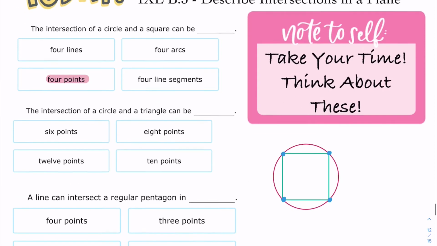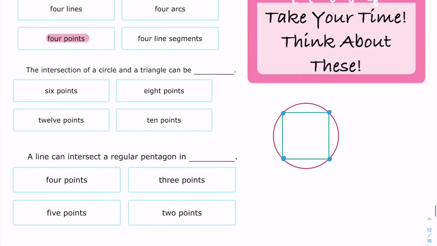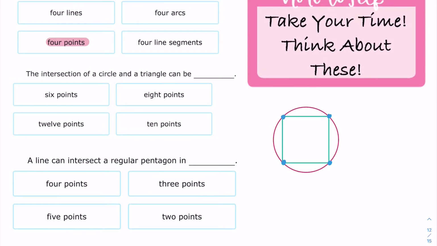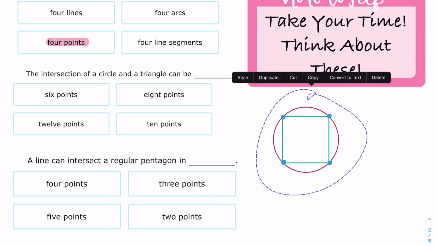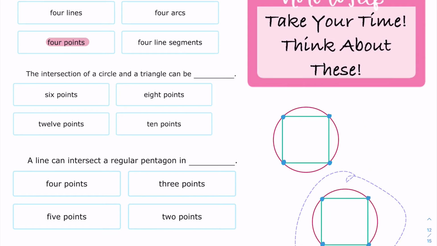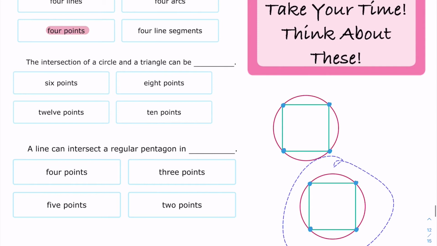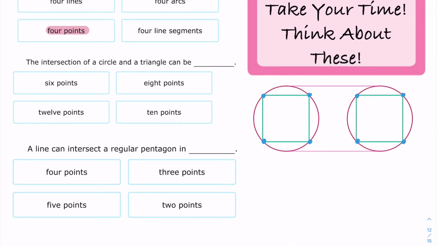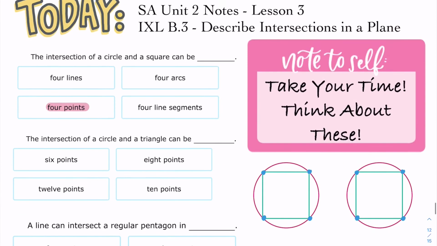All right. The intersection of a circle and a triangle then can be how many points? Well, normally you would think 3, right? So here's what I'm thinking. I'm thinking that we're going to draw a circle. You know what? I'll label these. So here's 1.